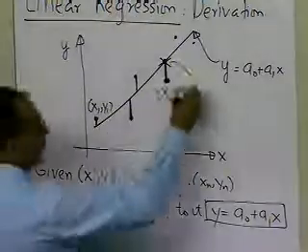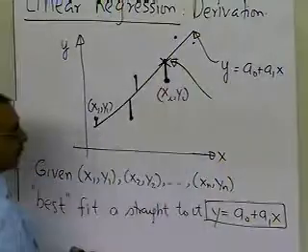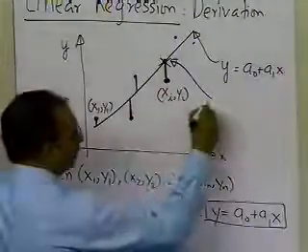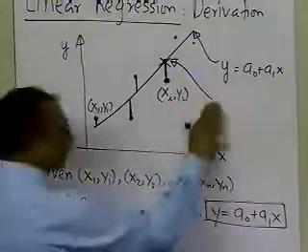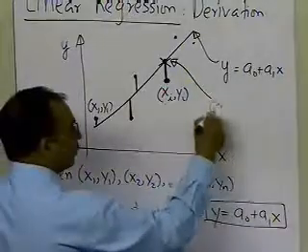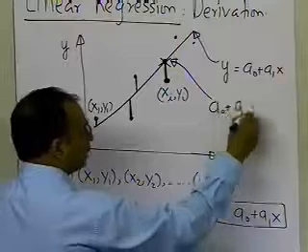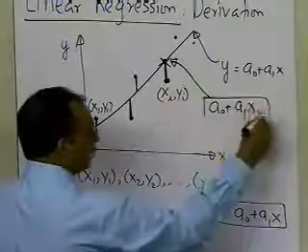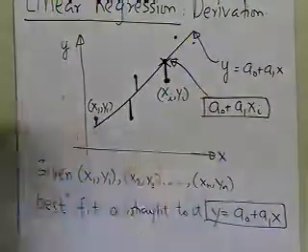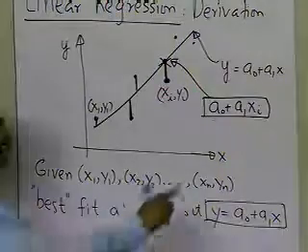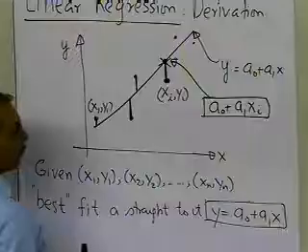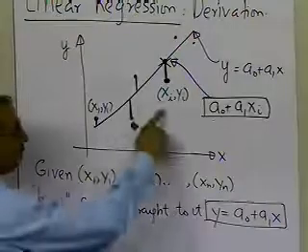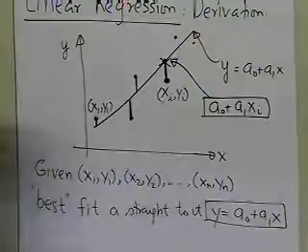Now the predicted value at that particular point will be simply a0 plus a1 times x sub i. Because that's the straight line which you are going to find, and if you put in the value x equal to x sub i, that's what you're going to get for the predicted value, and this is the observed value.